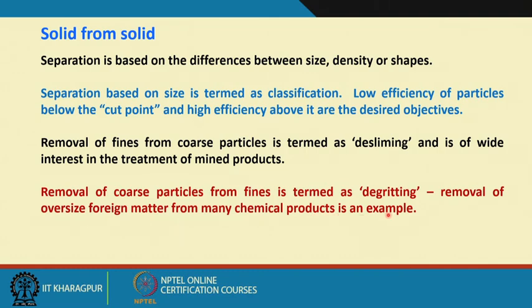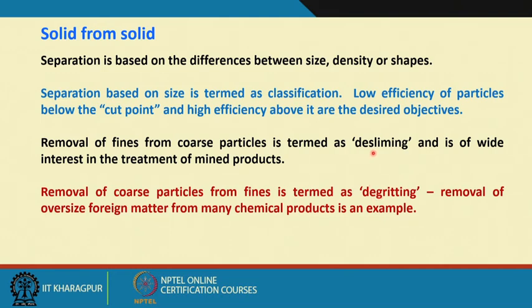In many cases we want to remove these relatively coarser particles, where the volumetric concentration of these coarser particles is much lesser and we do not want them, and when we use a cyclone for that we call it degritting.